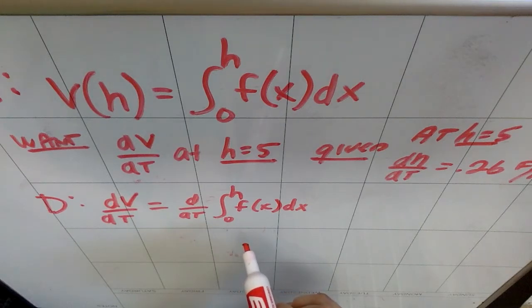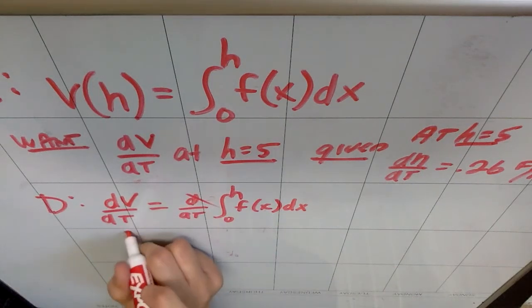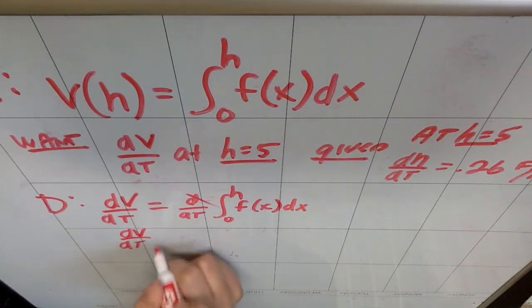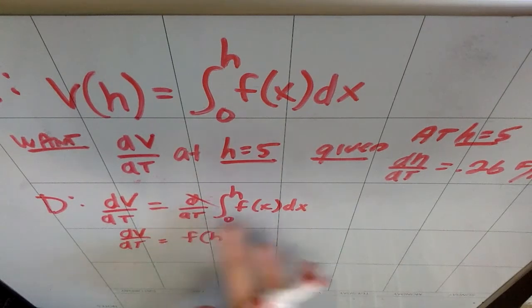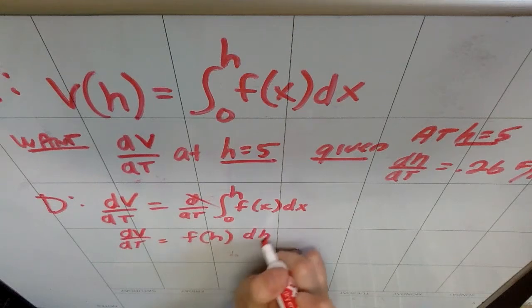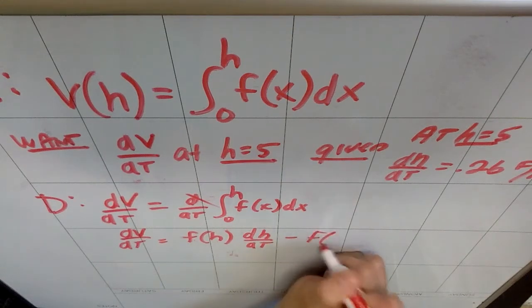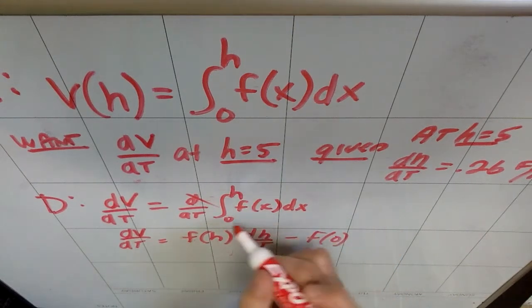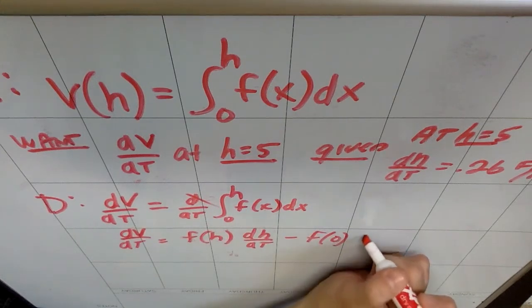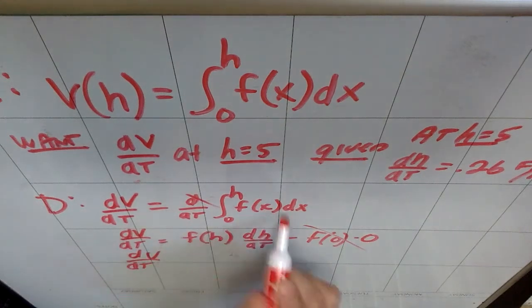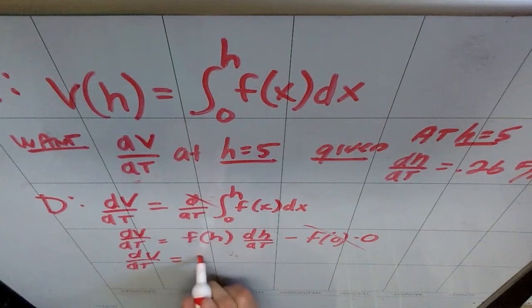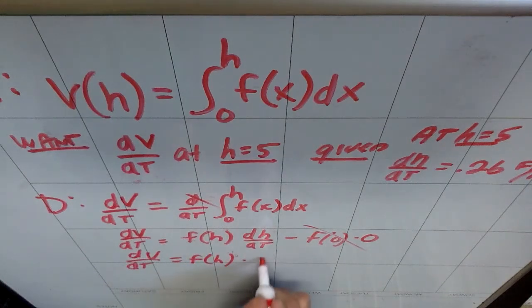But in order to cancel this, I'm deriving with respect to t, so I get dV/dt is f of h times the derivative of h with respect to time, dh/dt, minus f of 0 times the derivative of 0 with respect to t, which would just be 0. So this is using that second fundamental theorem of calculus. dV/dt equals f of h times dh/dt.